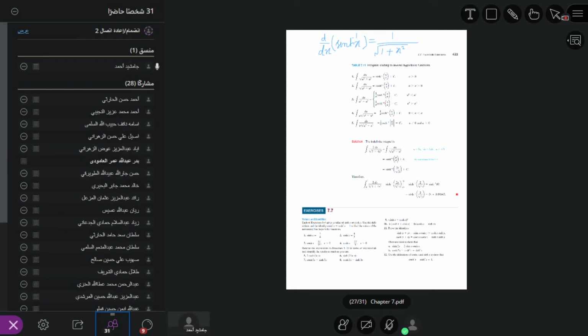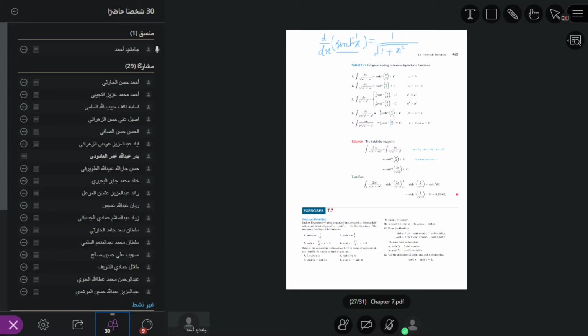Now, if I want to find the integral of 1 divided by square root of 1 plus x square dx, what will be the answer? By the concept of 4.7, we have discussed the antiderivative.